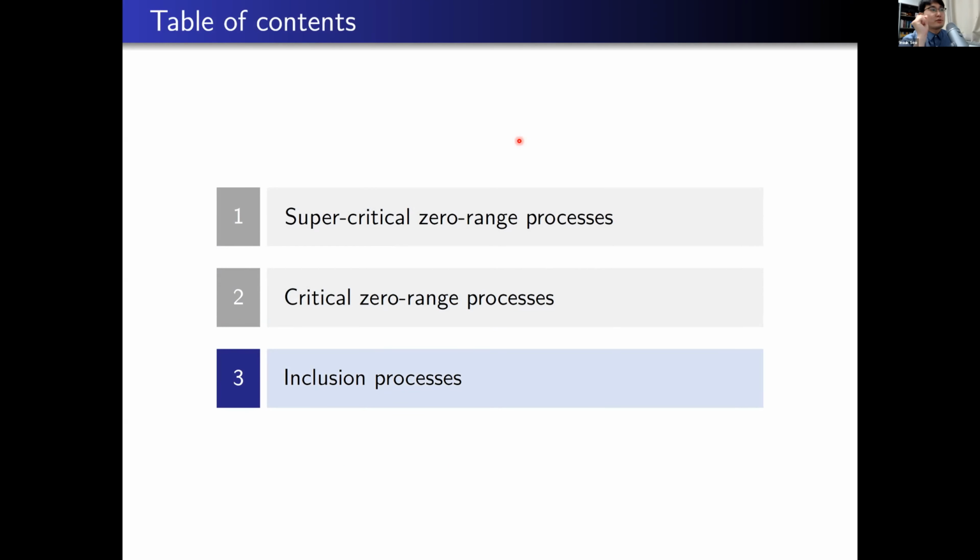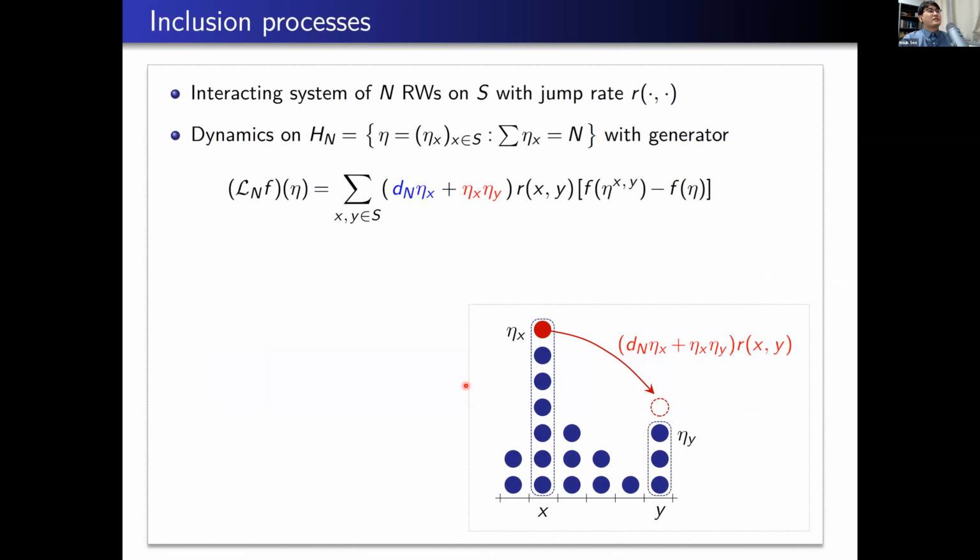Now let's proceed to the last topic, which is another process known as the inclusion process. I'll use similar notation as before. This is a system of n particles.